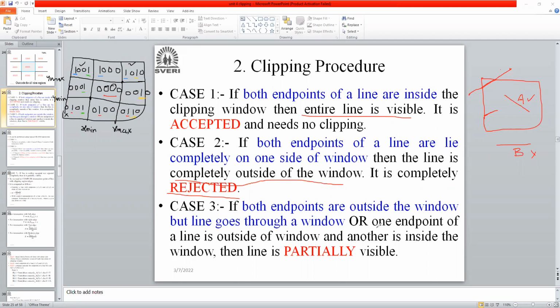Or one endpoint is outside and the other is inside. So this is the example. In both the cases, the line is partially visible and hence we require clipping.